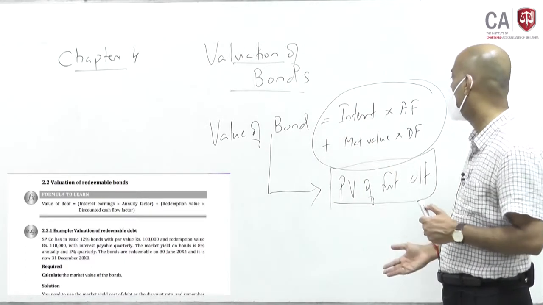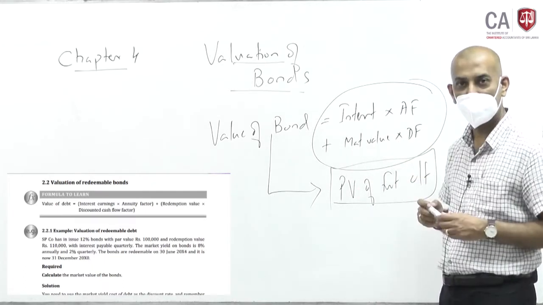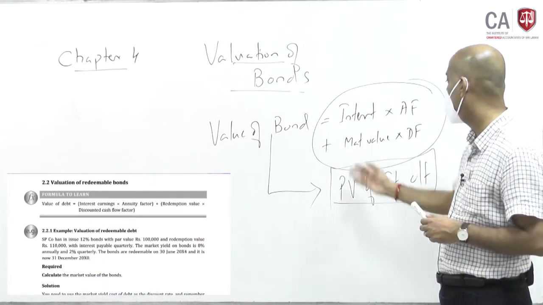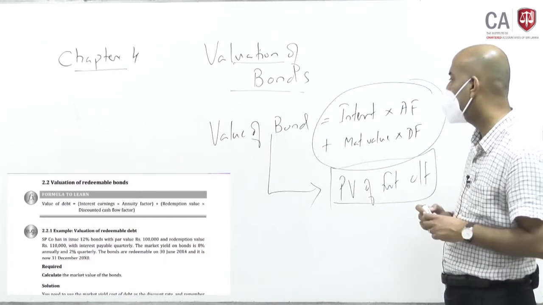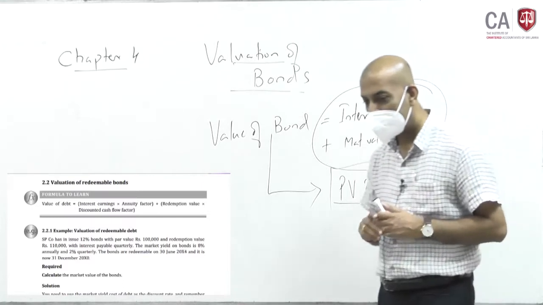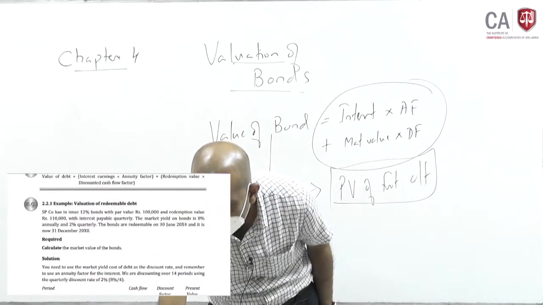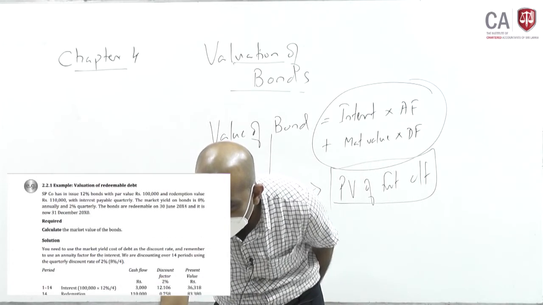So value of bond equals interest into annuity factor plus maturity value into discounting factor. So that's basically your value of bond. Please be aware that this is what we have looked at in the valuation chapter also. You can look at the example in the study pack. Can you read that example?